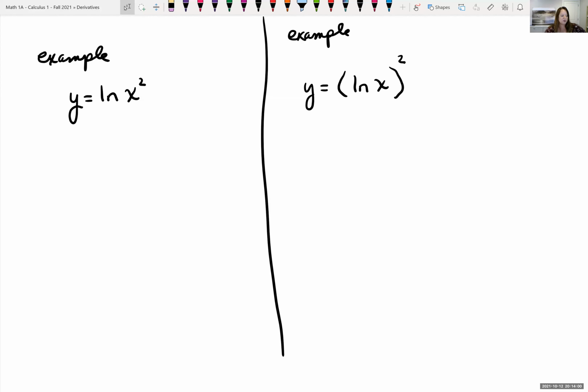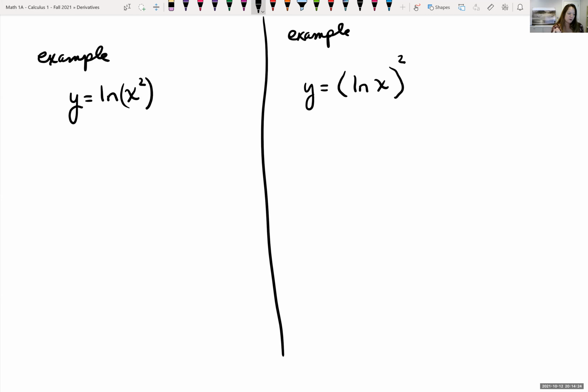Okay, so we have two examples in front of us. We have the natural log of x, quantity squared. Sorry, I might have said that wrong. The other one is y equals the quantity, the natural log of x, squared. Those are not the same thing.